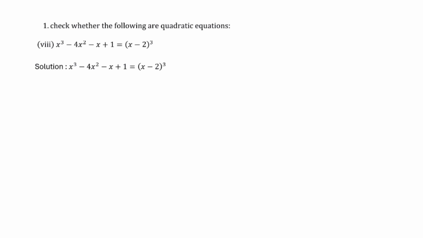So here this term, using (a minus b) cube will give me a cube minus 3a squared b plus 3ab squared minus b cube.